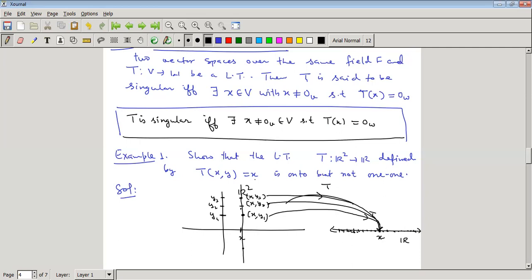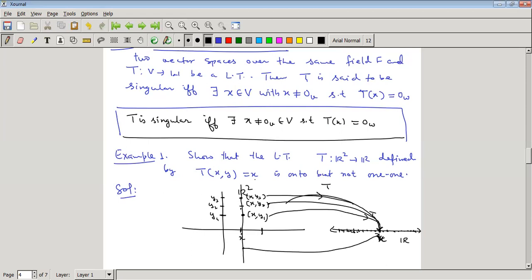So every element on this line maps to x. This x has as pre-image all the elements on this line, so every element on this line is a pre-image of this x.